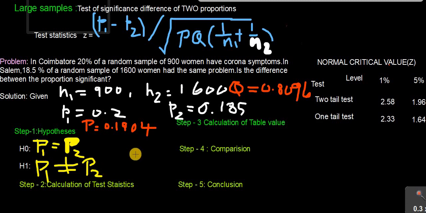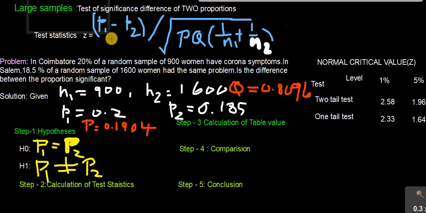Now the next step, as we already know, is the calculation of test statistics. Am I correct? We know what a test statistic is. Look at that at the top. This is a test statistic to test the significance of two proportions in the populations. Okay, so we have to substitute all the values.